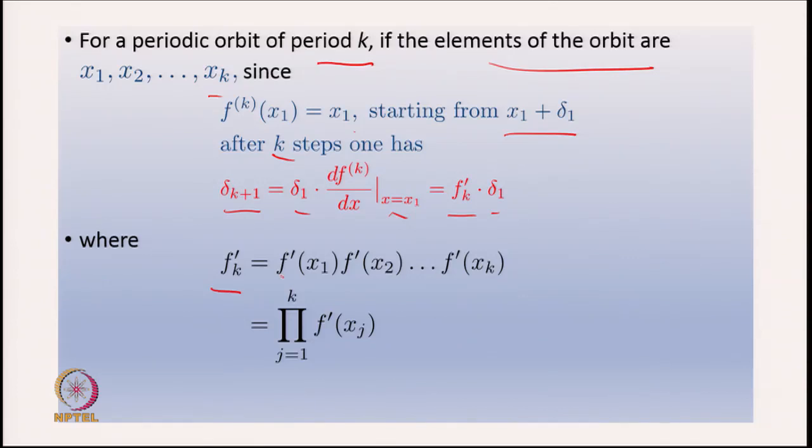F prime of k is f prime evaluated at x 1, f prime evaluated at x 2, all the way up till f prime evaluated at x k, namely it is the product of the slope of the map at all the points of the orbit.